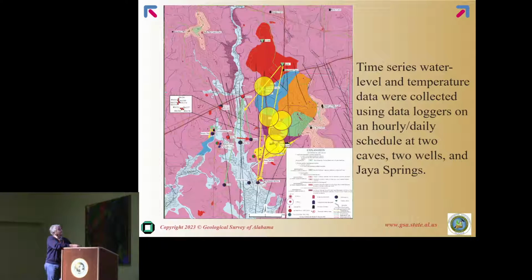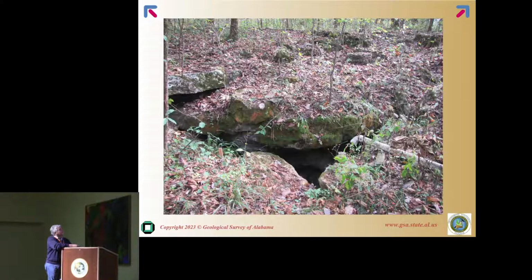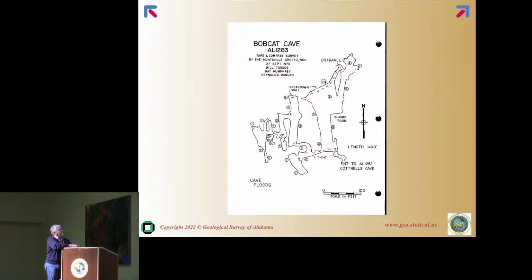Now, in a couple of locations at the site, I installed transducers for time series water level, temperature, and in 2 of them also conductivity. I collected data on an hourly basis. Here is the cave, a small cave, Bobcat Cave. In this Bobcat Cave, we have one of the endangered little crayfish. It's a water table cave; there is no stream, as you see.